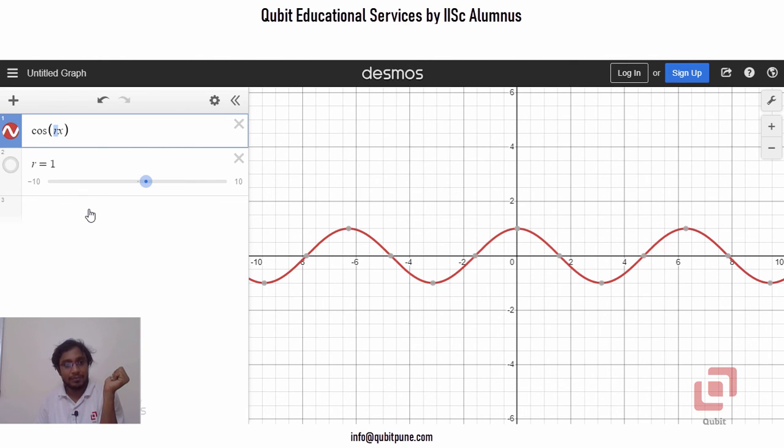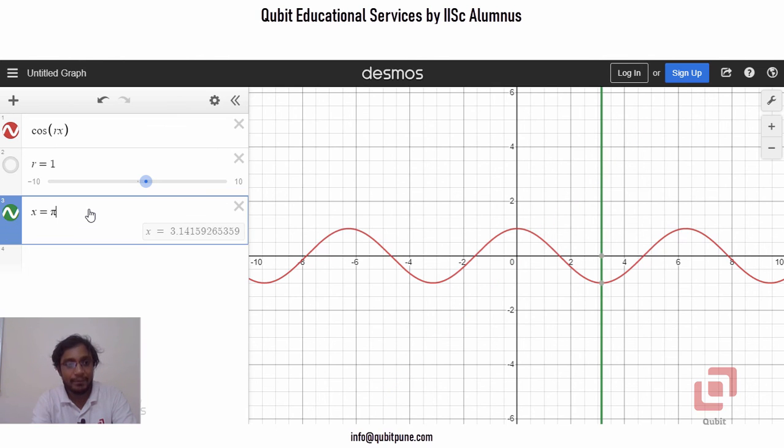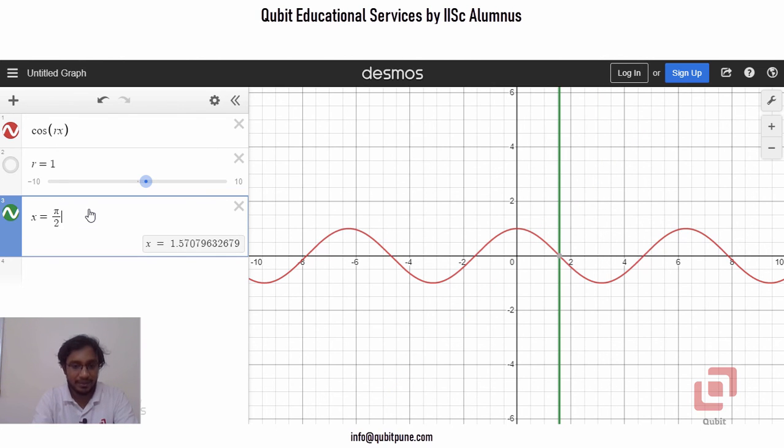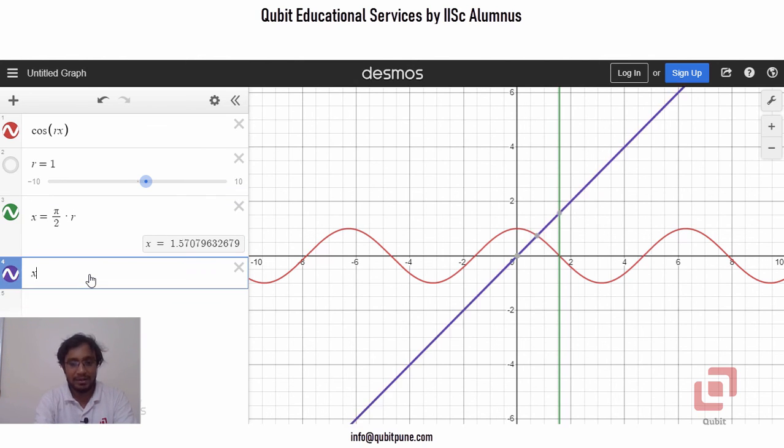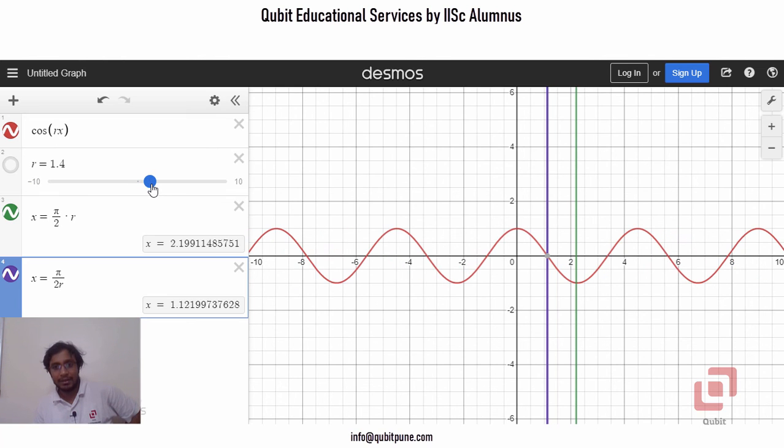So I will not need x equal to pi by 2 into r as the first intersection of my graph with the x-axis to the right of the y-axis, but it is actually x equal to pi by 2r that I'll need. Look here, for r equal to 1 it doesn't matter, but the moment I go to other values of r not equal to 1, the first intersection takes place at pi by 2r, that's the blue line and not the other line.